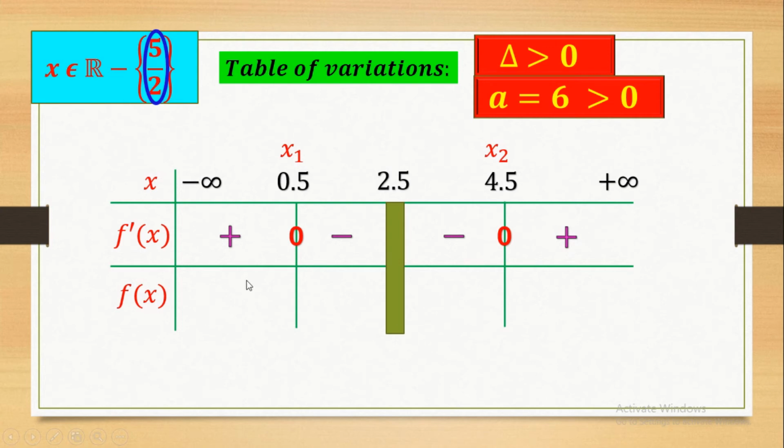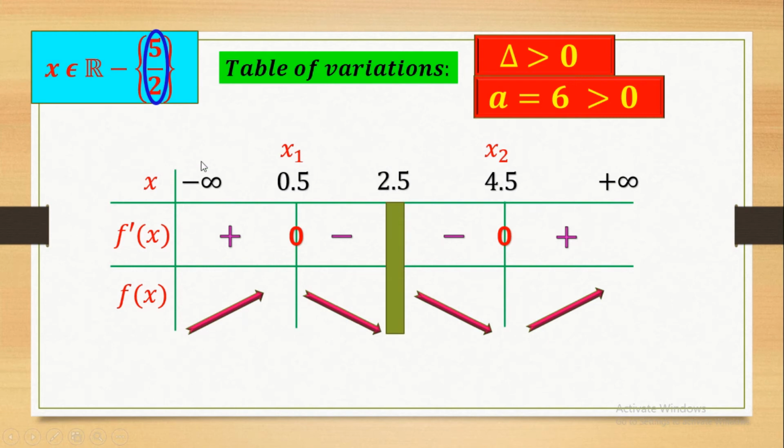Now, wherever we have a positive derivative, we have an increasing function. And when it is negative, we have a decreasing function. As you see here, f of x will be decreasing and then it will be increasing on this interval. Well, we should know from what value to what value it will be increasing or decreasing.